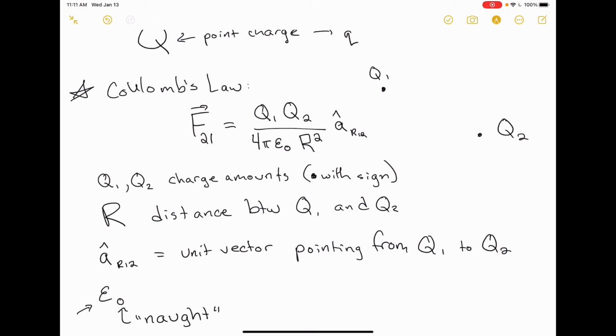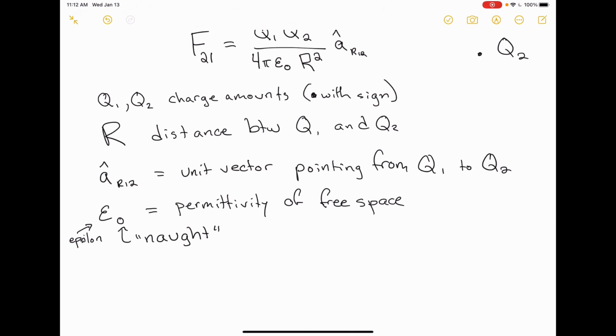Epsilon, Greek letter epsilon, epsilon naught represents a physical constant, which is the permittivity of free space.